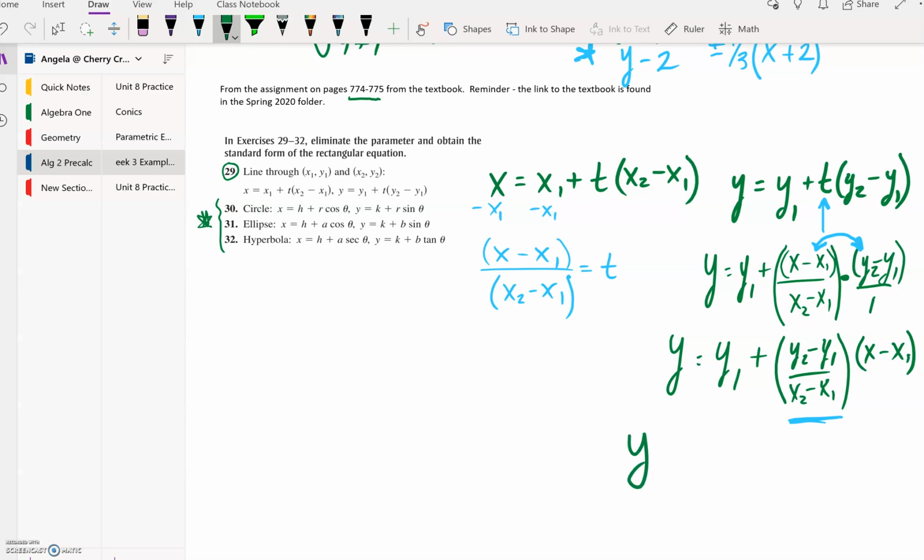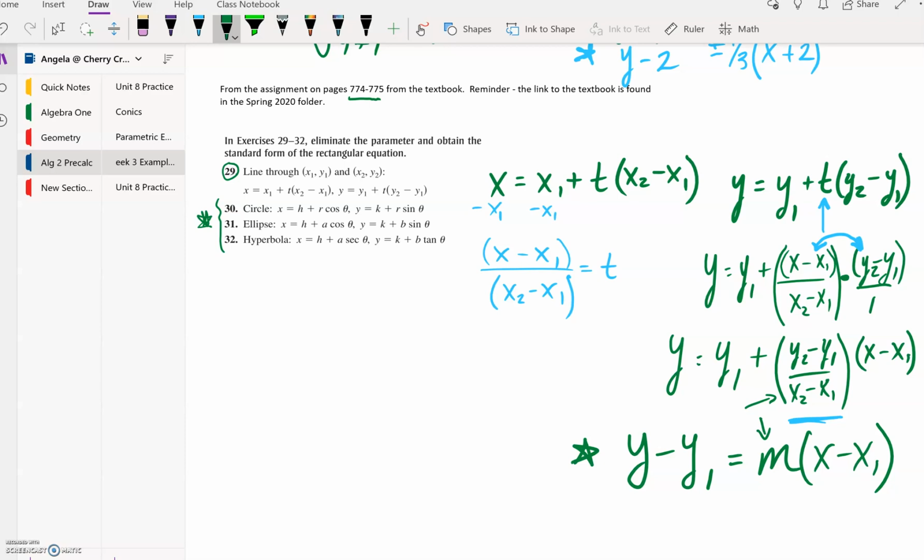As we continue to do a little algebraic manipulation on this, and I make this substitution for slope, so m is equal to this whole value right there, times x minus x sub 1, you have just shown by eliminating the parameter that you have point-slope formula, or the equation of your linear function when you eliminate that parameter for t. Whew. So that was a nice little proof.